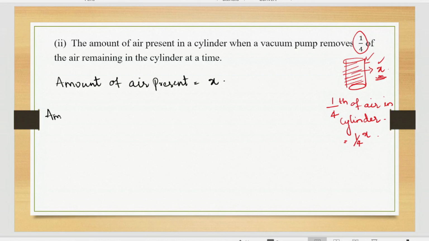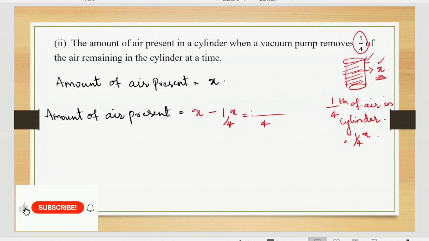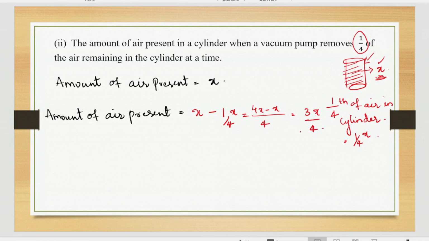That is x minus 1/4 of x. When you take the LCM, this will be 4x minus x, which is 3x by 4. Now the amount of air present in the cylinder is 3/4 of x.